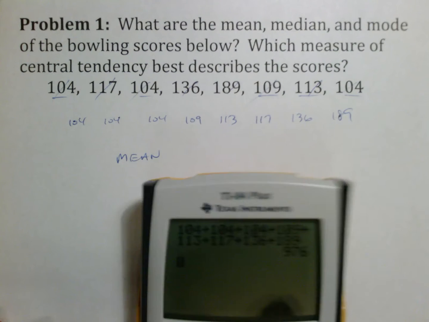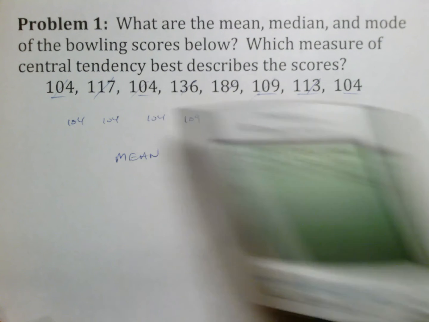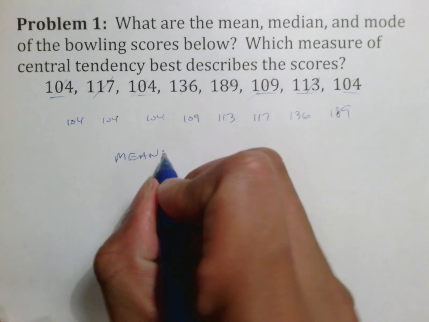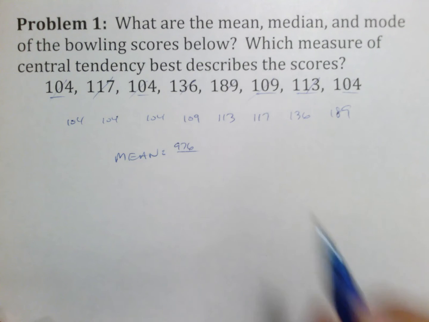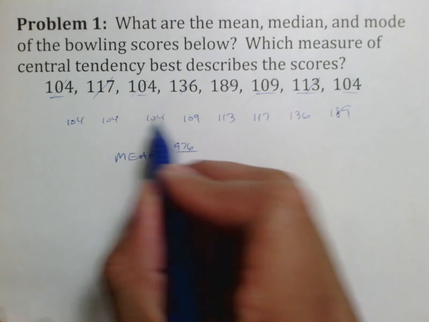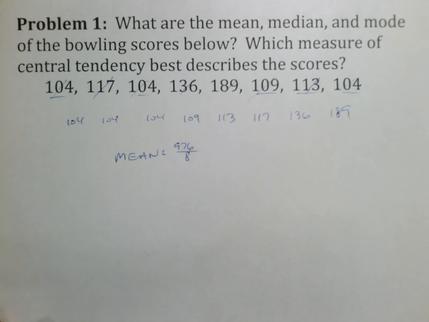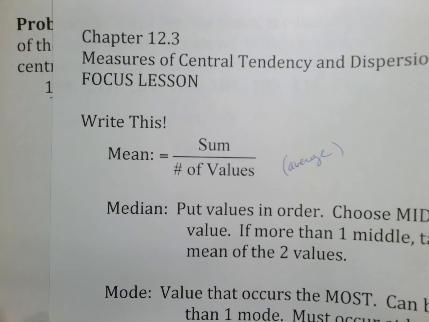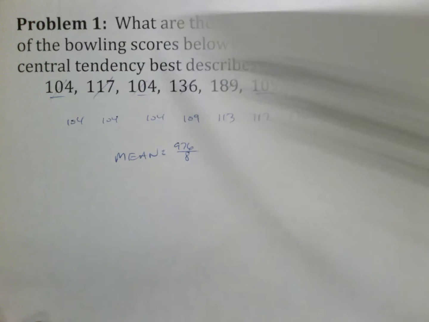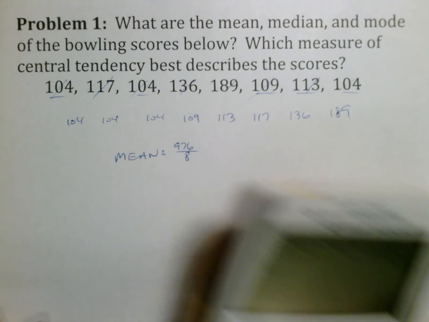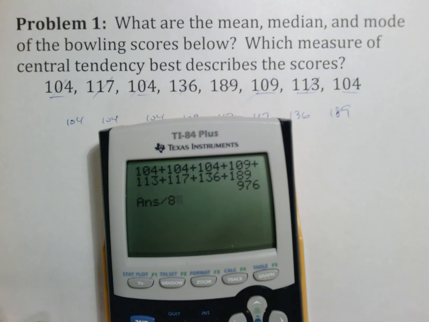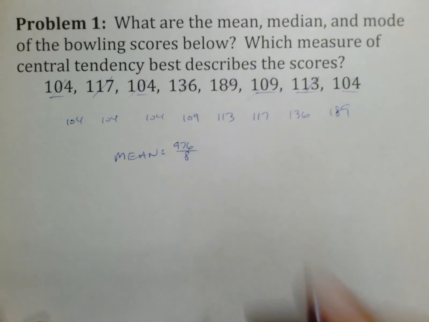The mean is going to be whatever the sum of those is, which is 976, divided by 8. 1, 2, 3, 4, 5, 6, 7, 8. Remember that the mean is the sum, which is what the 976 is, divided by the number of values. So 976 divided by 8 gives us 122.